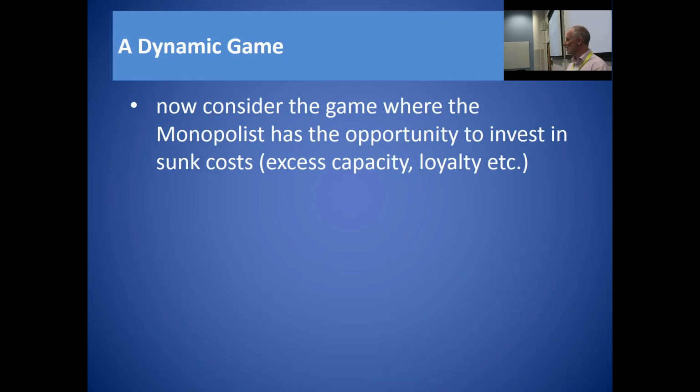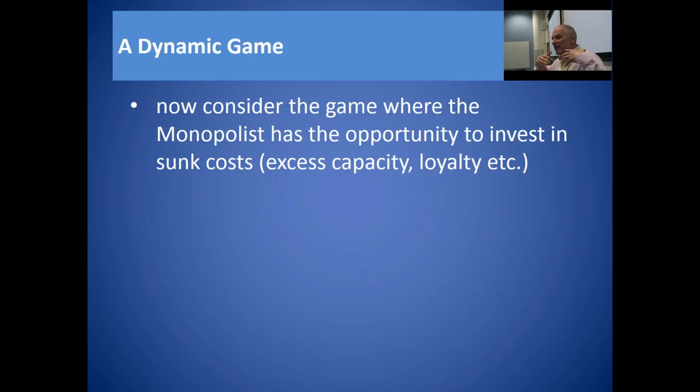Now we're going to change it ever so slightly. Because now we're going to say that there's an opportunity for the monopolist, the incumbent firm within the market, to invest in sunk costs. And it will do this to deter market entry. So, for example, it could invest in excess capacity.